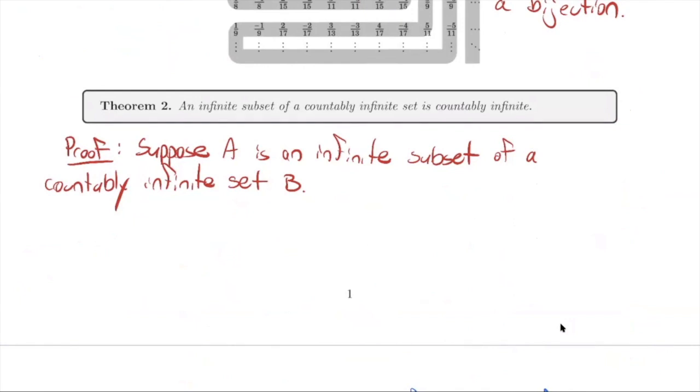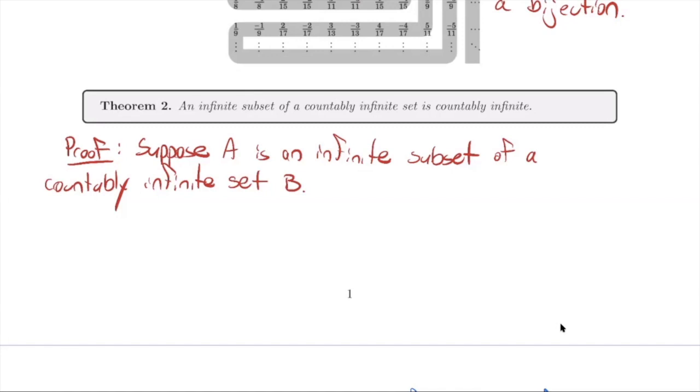I think first we need to say that A is infinite and use the definition to support that. So A is infinite. That's something that we are assuming. So this is like an if-then statement. It's saying if A is an infinite subset of a countably infinite set B, then A is countably infinite.